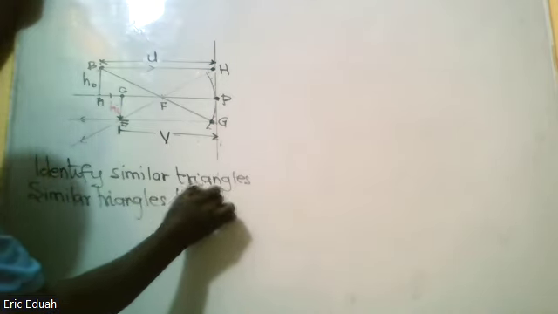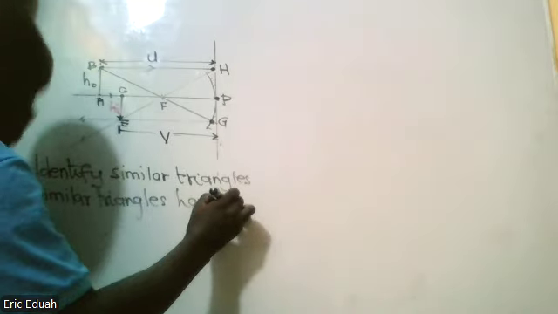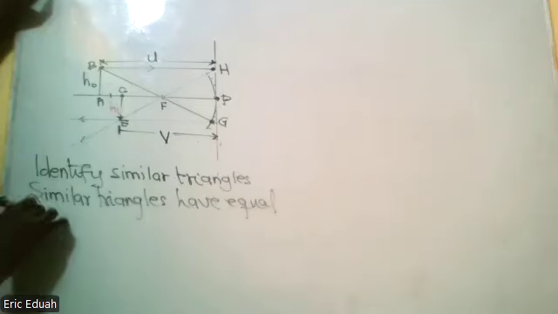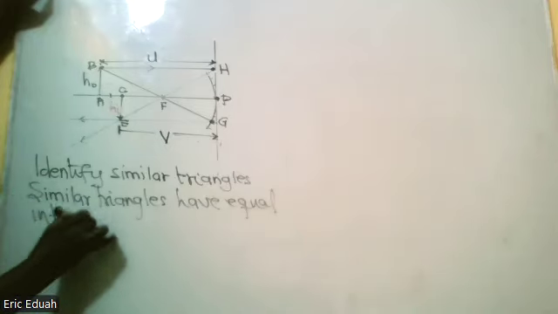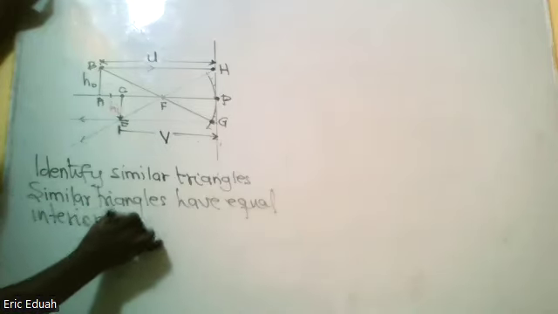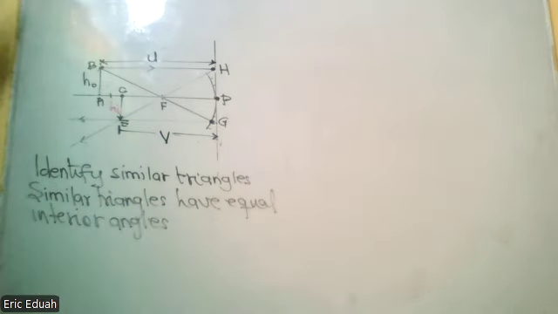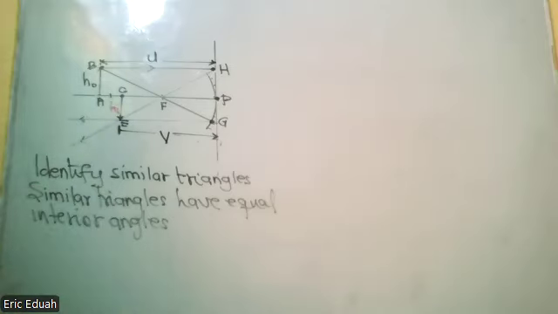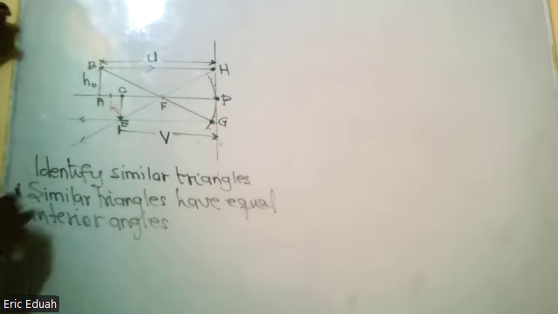Two, when triangles are similar, one is a scaled up or scaled down version of the other.